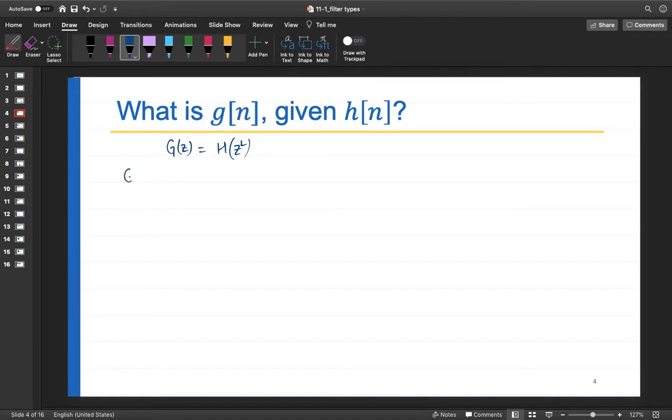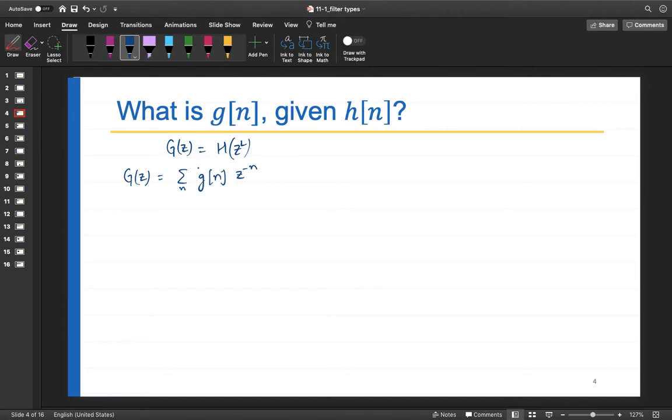So my G(z) is equal to summation g[n] z to the power minus n, and summation over all n basically, right?